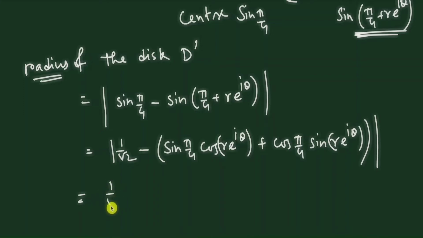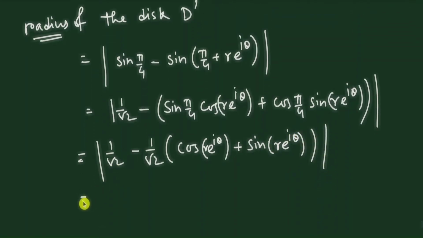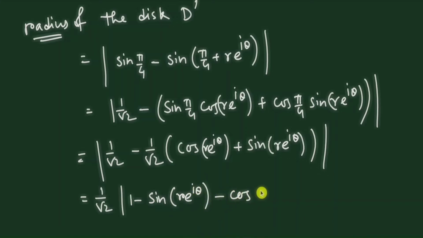So take 1 by root 2 common: 1 minus cos of r e to the power iota theta minus sine of r e to the power iota theta, modulus.